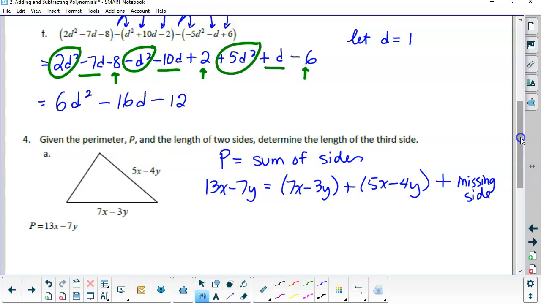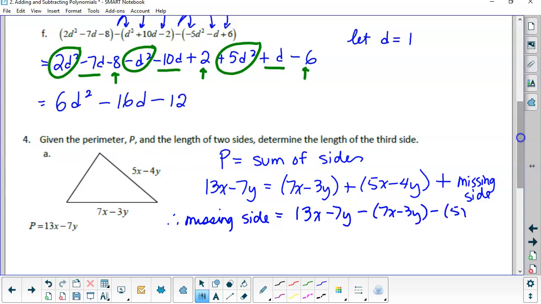So to get this by itself, you need to subtract this bracket and this bracket. So therefore, the missing side, or unknown side, is the perimeter minus 7x minus 3y minus 5x minus 4y.